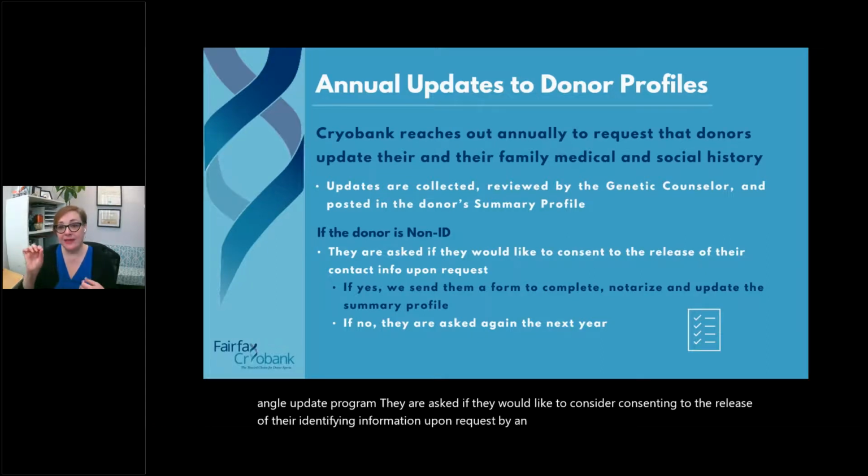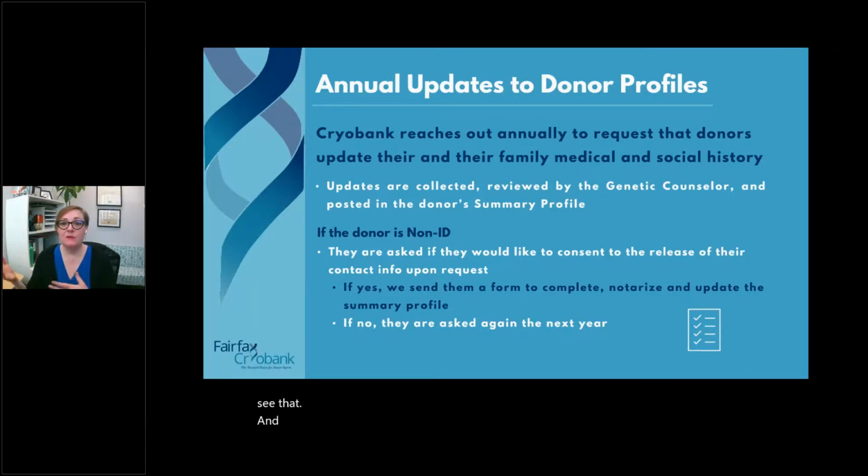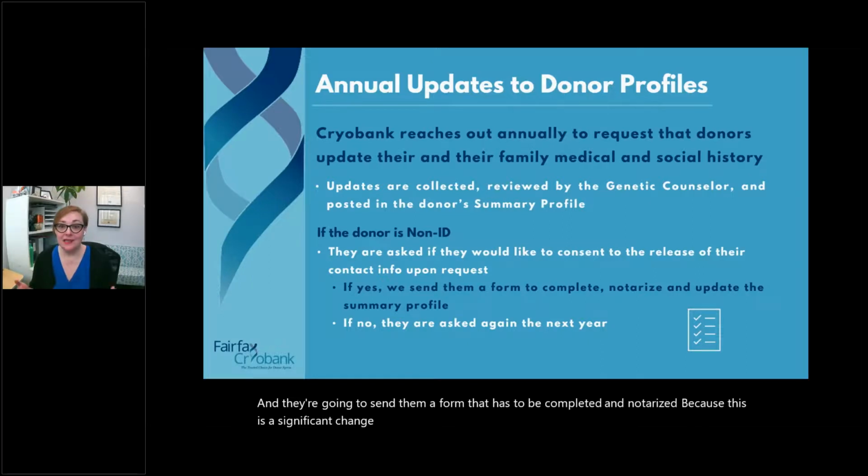If they indicate yes in that annual update, our profile editor is going to review that and send them a form that has to be completed and notarized, because this is a significant change. Basically, they are consenting to that information. When it's received from us, you would find that information under that summary profile if they agreed.